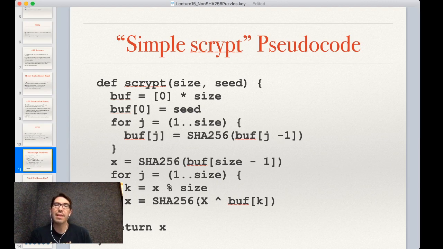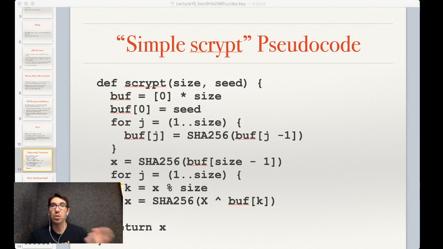Again, think of a Sudoku puzzle where one block really is dependent on the next one, except we're using SHA-256 and doing this in a very linear order. So just SHA-256 of this, and then take that value, the SHA-256 of that.